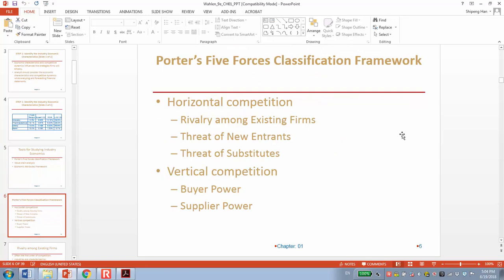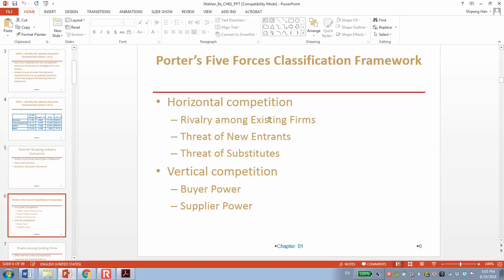So 5 forces actually are 3 horizontal forces and 2 vertical forces. These forces are from existing firms, new entrants, substitutes, or from buyers or customers and suppliers, vendors. Because these parties and entities will have effect on the companies, they actually compose the external environment of a company.